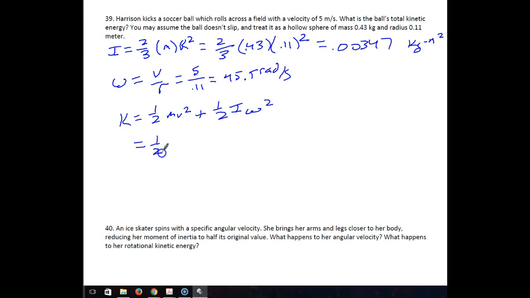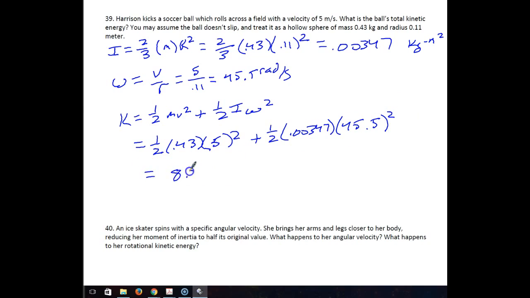So this is equal to 1/2 of the mass, 0.43, times the velocity, 5 squared, plus 1/2 of 0.00347 times 45.5 squared. So that's I times omega squared. If you do all that math, you should get 8.96 joules of kinetic energy.